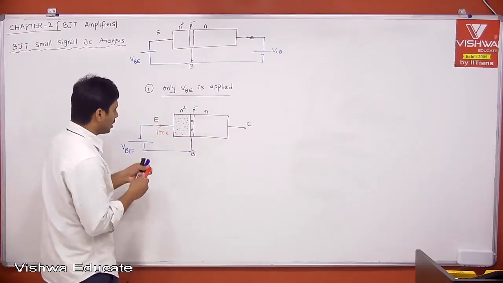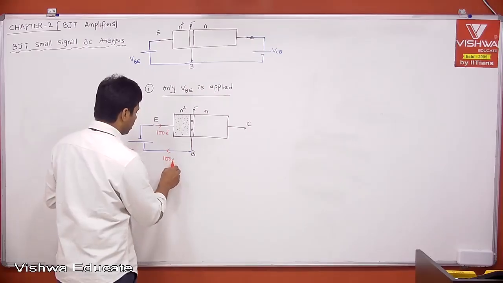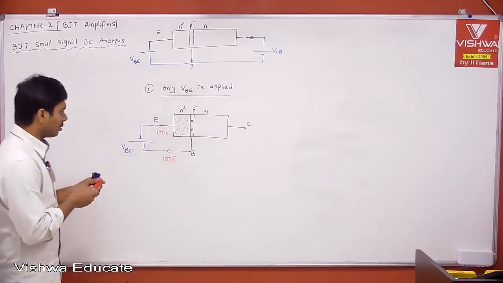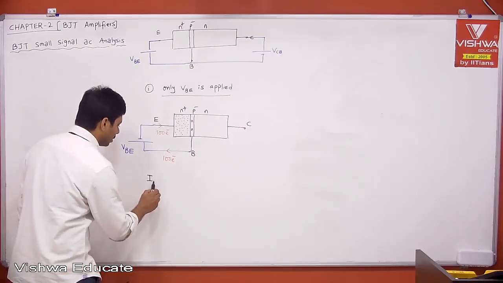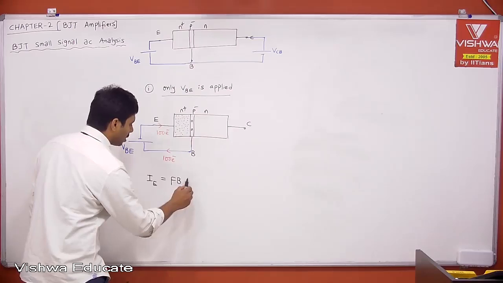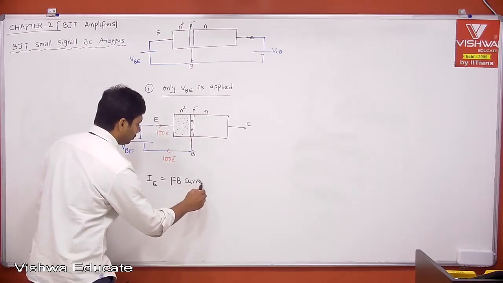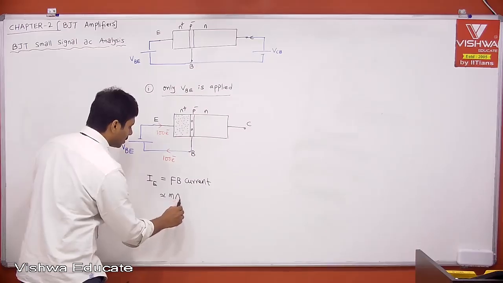Therefore, definitely you will get here 100 electrons. This is your forward bias current. Therefore, the emitter current IE is the forward bias current, and this will be in the order of, let us say, milliampere.